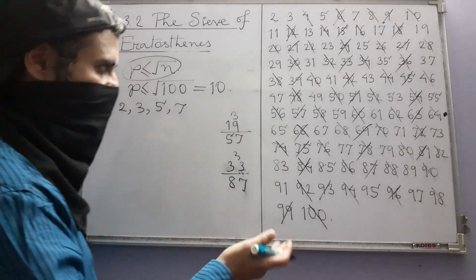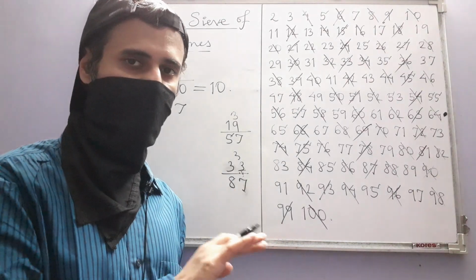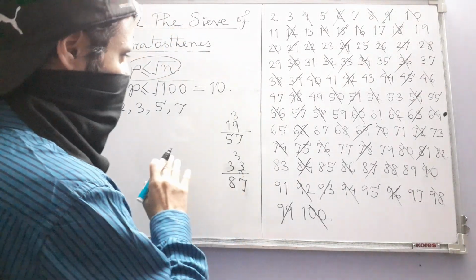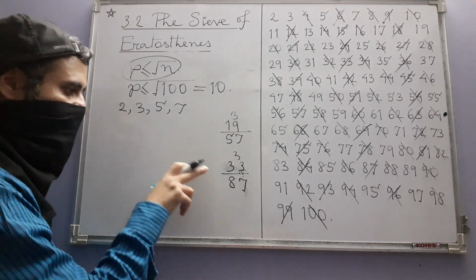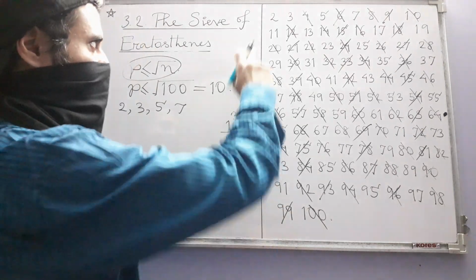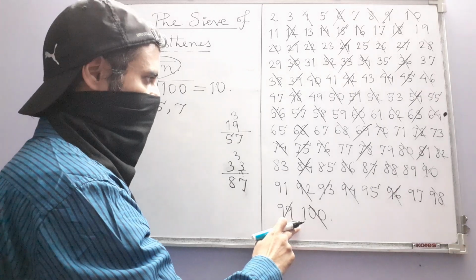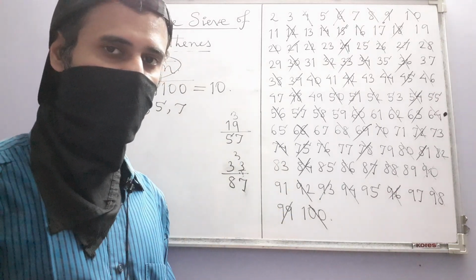But do you see the advantage of this process? Although right now we are in the middle of the process, but at least we can see that once we do this for 1 to 100, then we already have many primes.